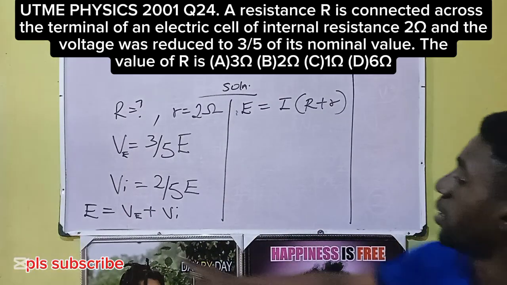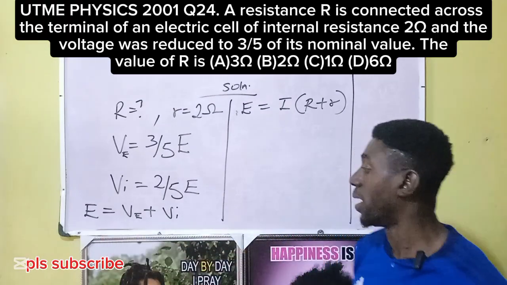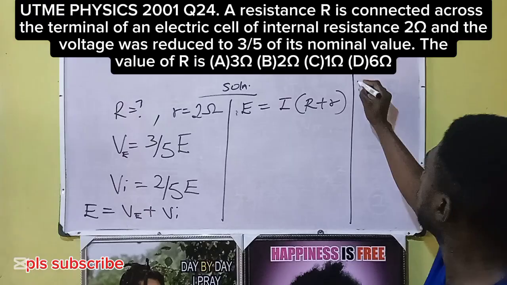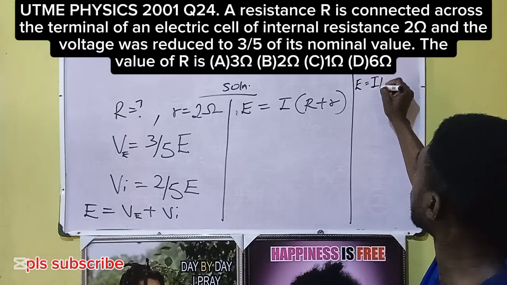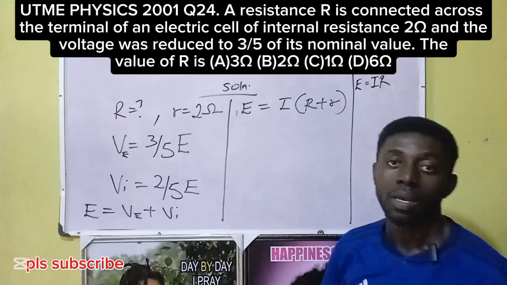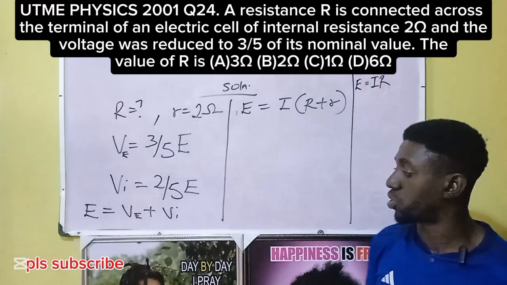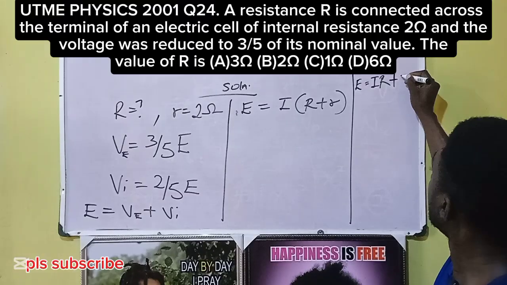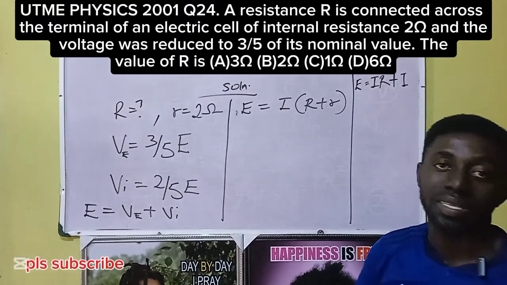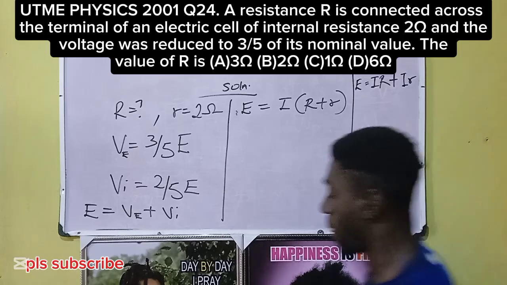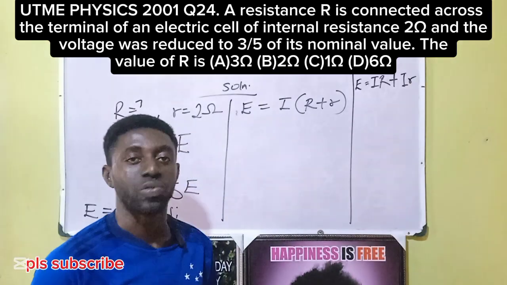Then let me put more emphasis on this formula. The external voltage will be I capital R. The capital R is the external resistor, the resistor in the circuit, plus the internal voltage. The current is the same, we maintain the current, then small r, that's the internal resistance.